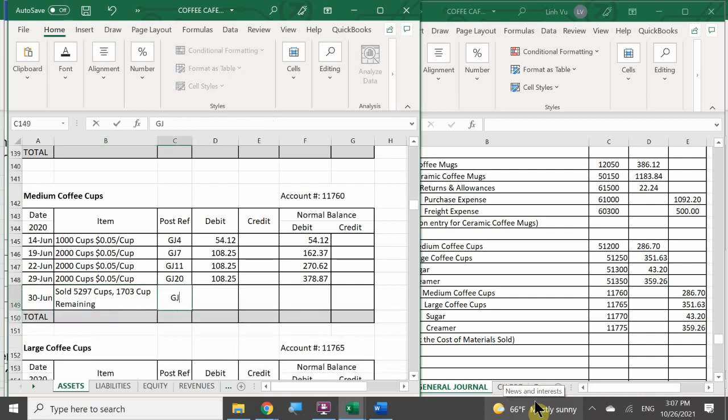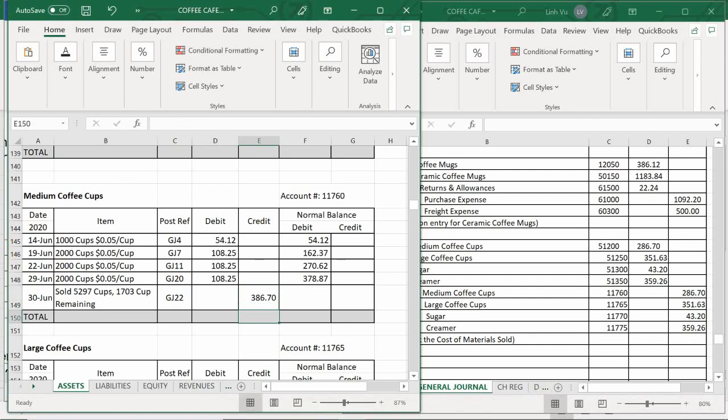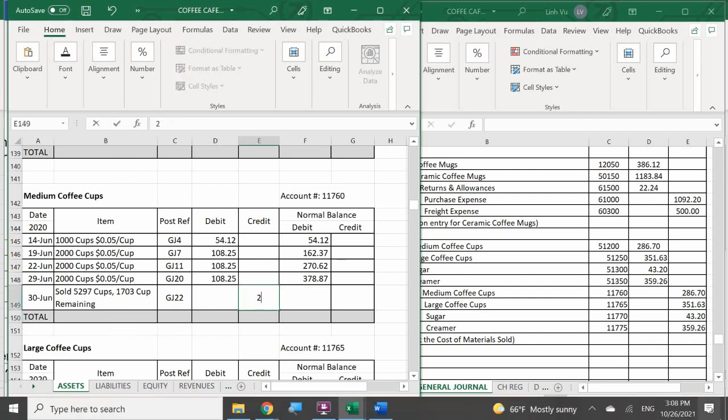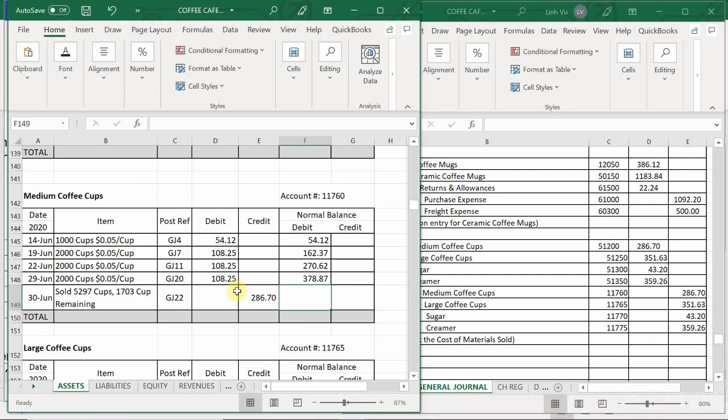Okay, general journal. 286.70. So how much should we have left?